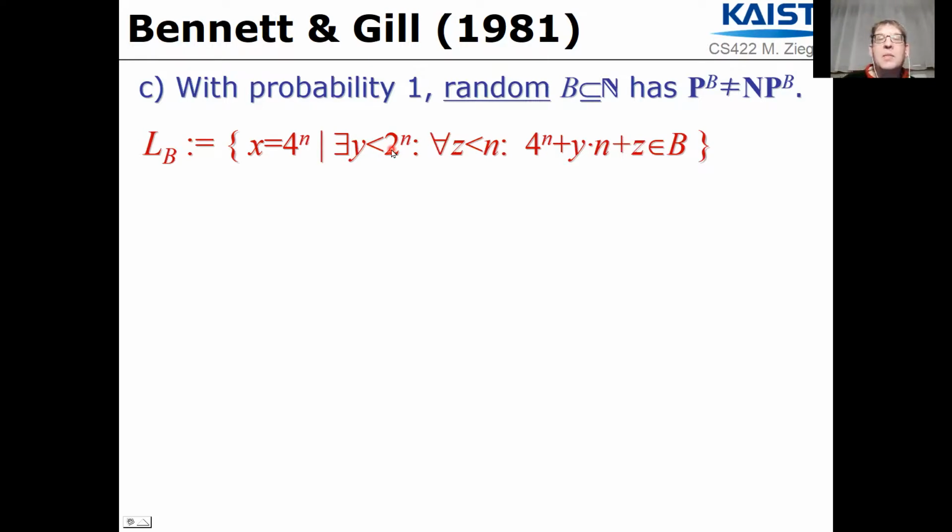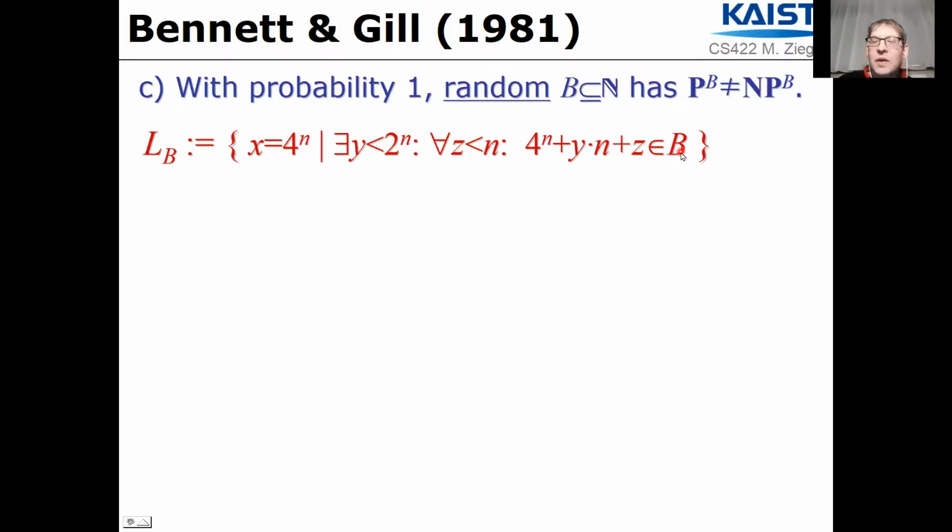So the length of that witness is at most n, which is linear in the length of x. The binary length of x is 2 times n, right? 4 to the n has binary length 2 times n. And then there's another condition, namely a universal quantifier: for all z less than n, this number must be contained in the oracle B.